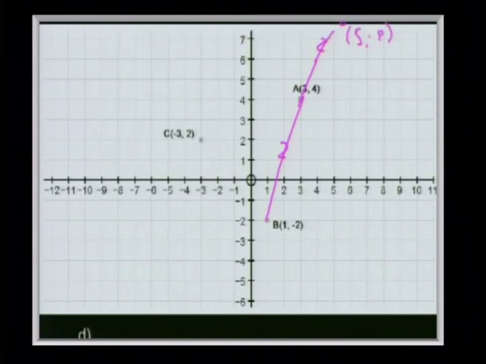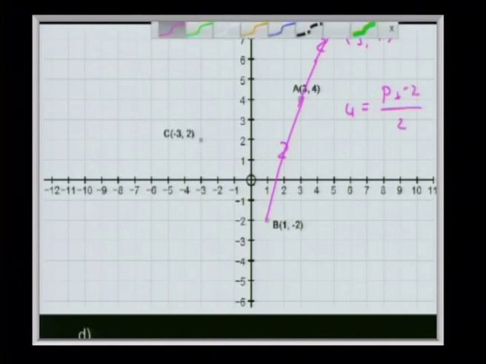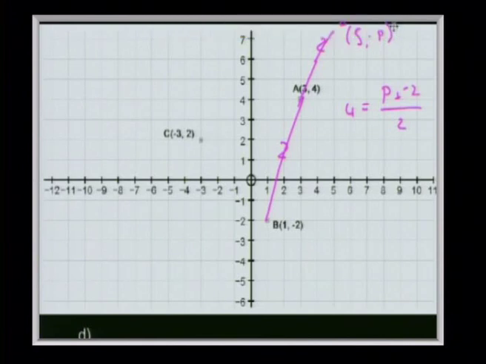All right, we need to find P. 4 will be equal to P plus -2 over 2. Now, where did I get that from? Well, that is my y value, that is my y value, and that is my y value.